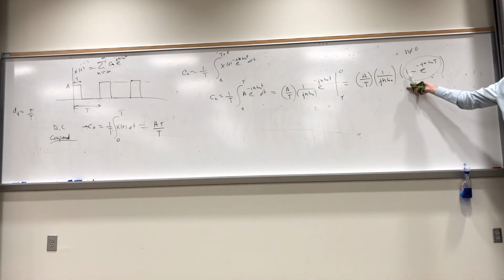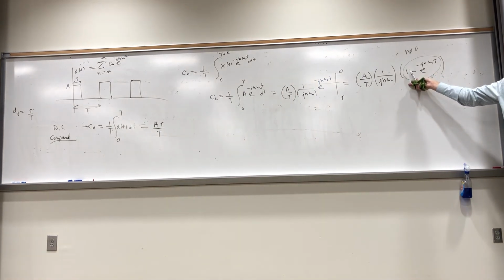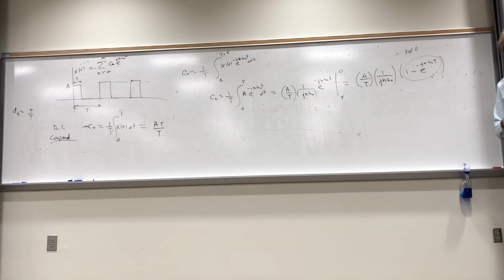And then I would get e to the plus j n omega naught tau over 2 minus e to the minus j n omega naught tau over 2. How many see that? Why would I do that? Anybody? Right. I can turn this into a sine waveform. I'll do it next time. All right. If you saw that, you're doing well.